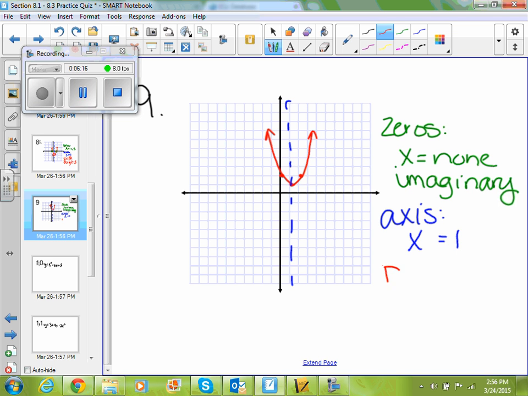Then last is domain and range. Domain is all real numbers. Your y value at your vertex is 1. Since your graph opens up, you use greater than or equal to.